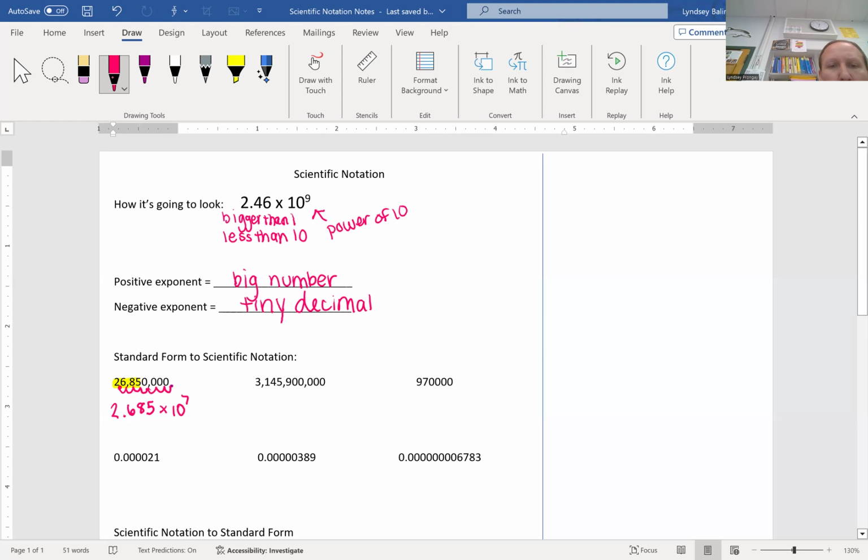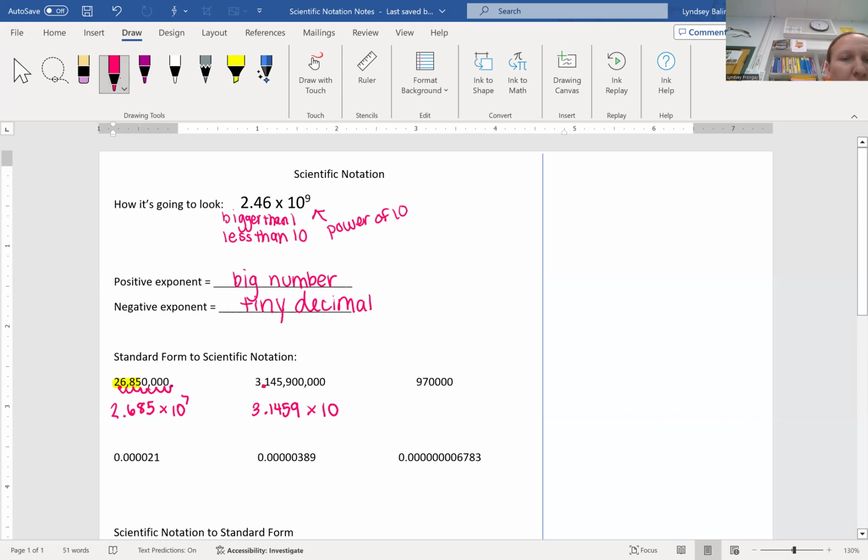My next one, I'm going to put the decimal right here. So 3.1459. I use all my digits until I get to the string of zeros. Now it's going to be times 10 to some positive exponent. How many spots until I get to the end?